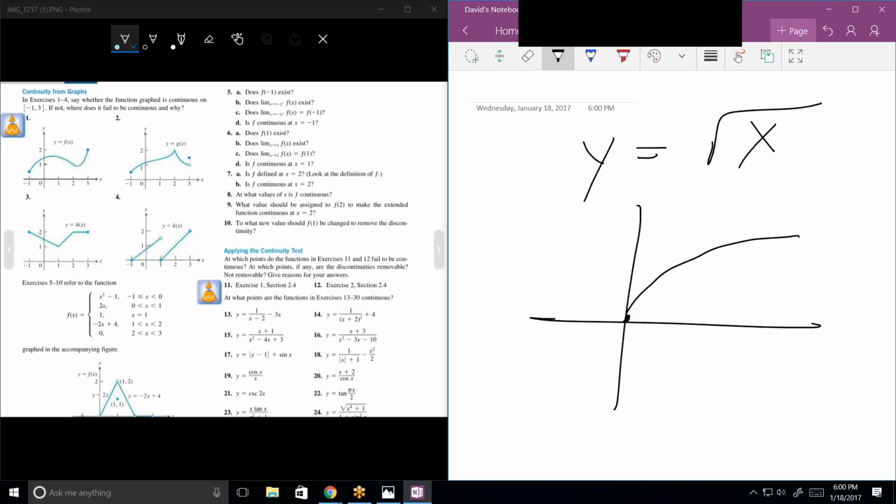Well, 0 to infinity. Exactly, 0 to infinity. It's not continuous less than 0. So half of the number line is eliminated from the answer just because we're taking the square root of a number. You can only take the square root of positive numbers.